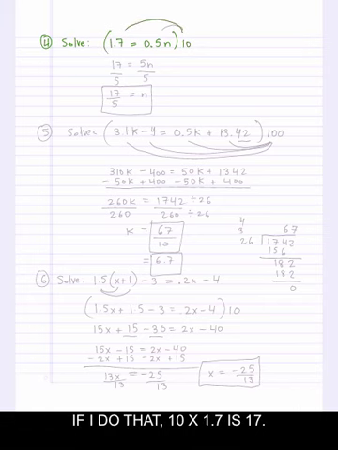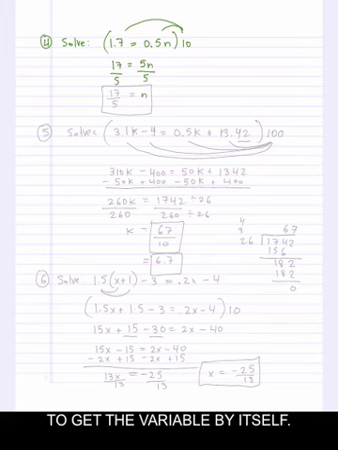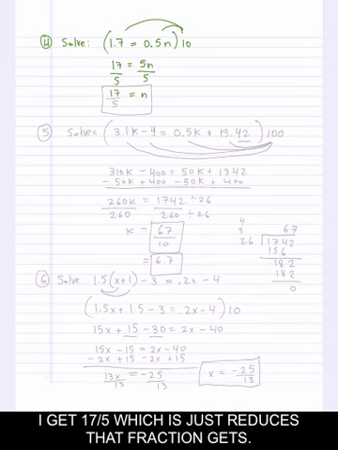If I do that, 10 times 1.7 is 17, and 10 times 0.5n is 5n. And you'll notice that here I can just divide by 5 to get the variable by itself. I get 17 over 5, which is as reduced as that fraction gets.